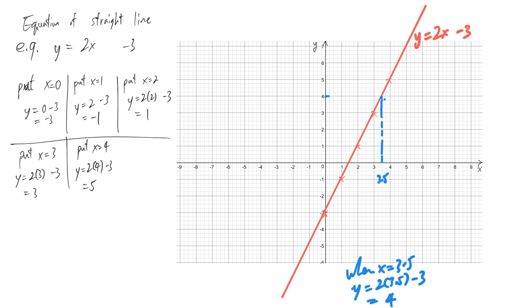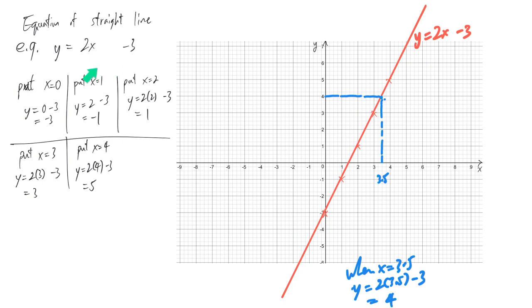Then we find out that the corresponding height here fulfills the requirement. That means not only the integer points, but every point here, the xy combination, fulfills this requirement. That's the meaning of equation. That's why this equation represents this straight line: all the points on this line fulfill this requirement.